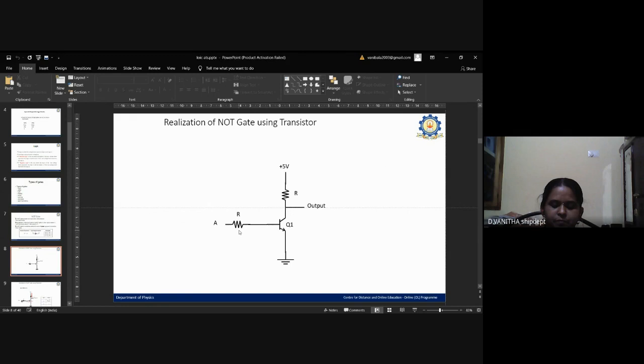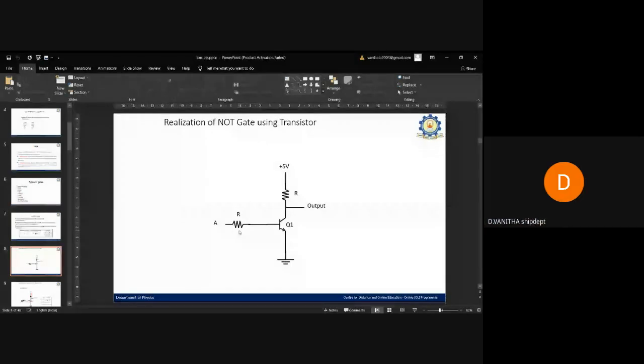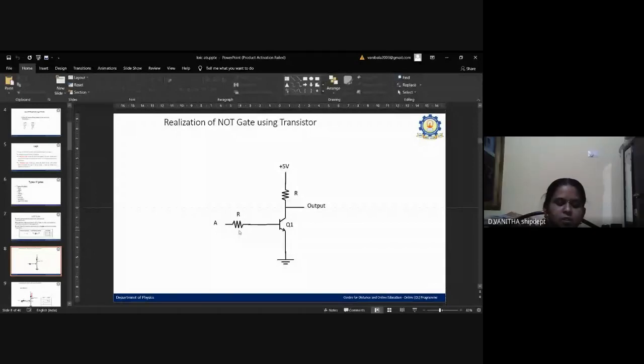The transistor is used for switching or amplification. Due to that property, we use it as a switch for the NOT gate operation.